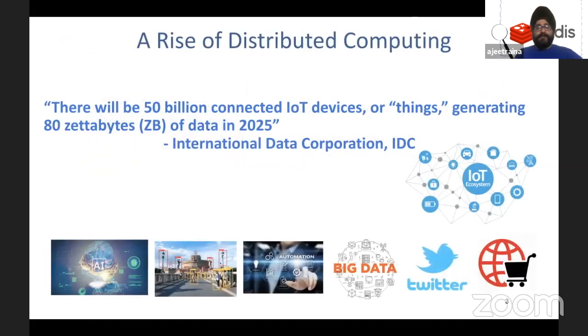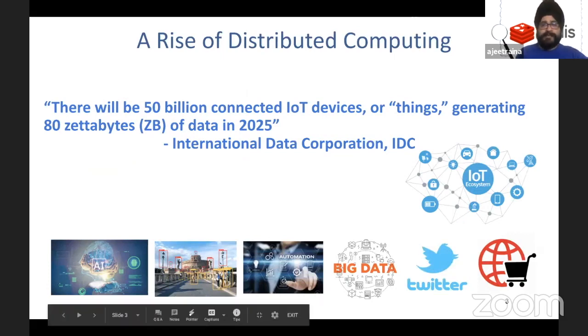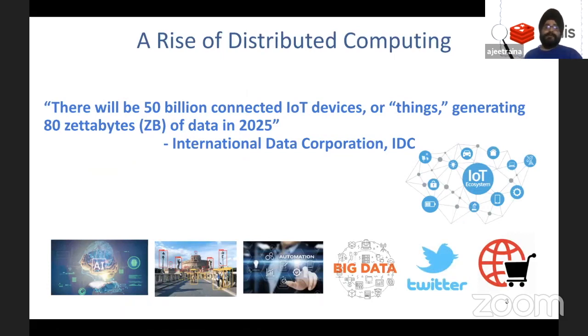Okay, so if you look at the rise of distributed computing, you will get to know that there is a huge amount of data which has been produced by IoT devices. I was going through an IDC report which says there will be 50 billion connected IoT devices. Can you just imagine that? Which will surpass the number of people in this world, right?